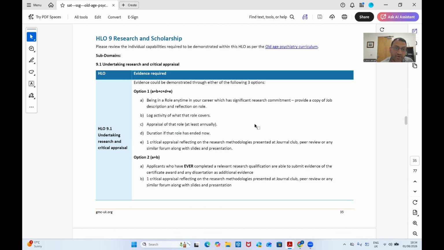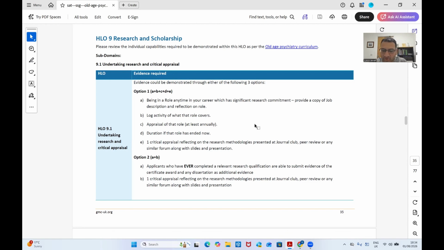The requirement now is that along with your research role, you should be doing one critical appraisal in a journal club, or in your peer group, reflecting on a particular research methodology. That is still the requirement in option one.